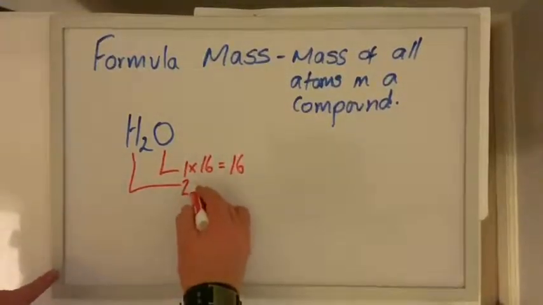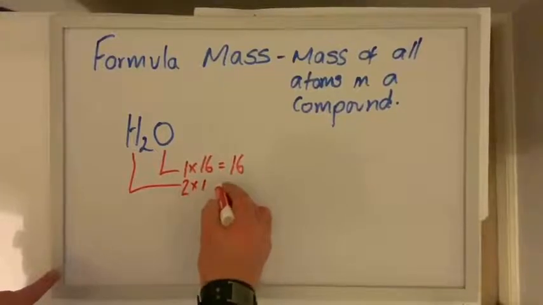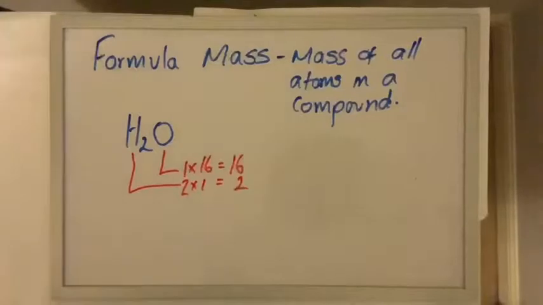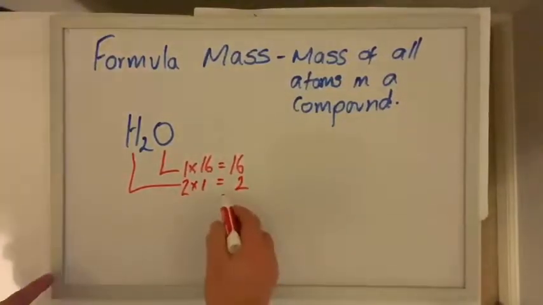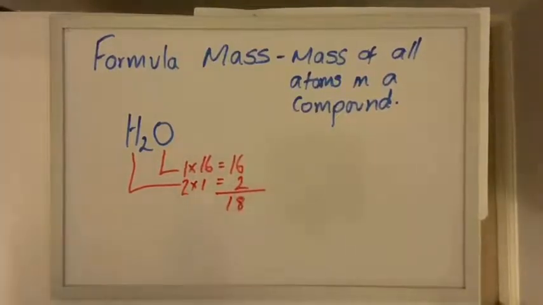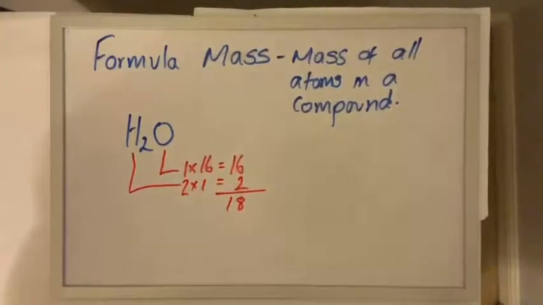We know that hydrogen has a mass of 1, therefore hydrogen has a mass of 2 in water. We can add these together to get water having a mass of 18, formula mass of 18. This can be done for any compound.